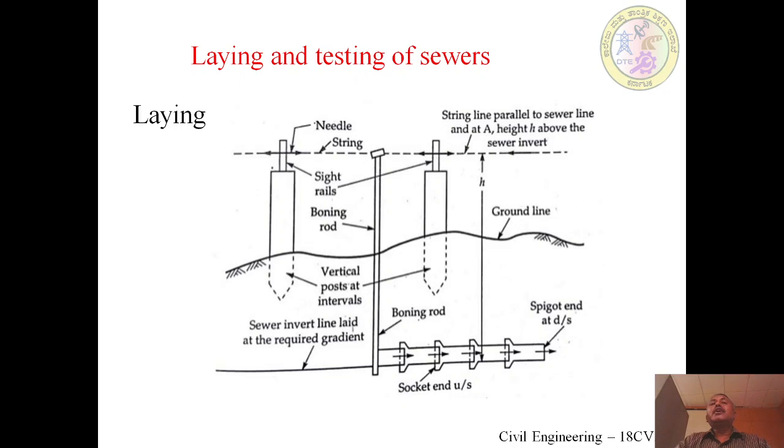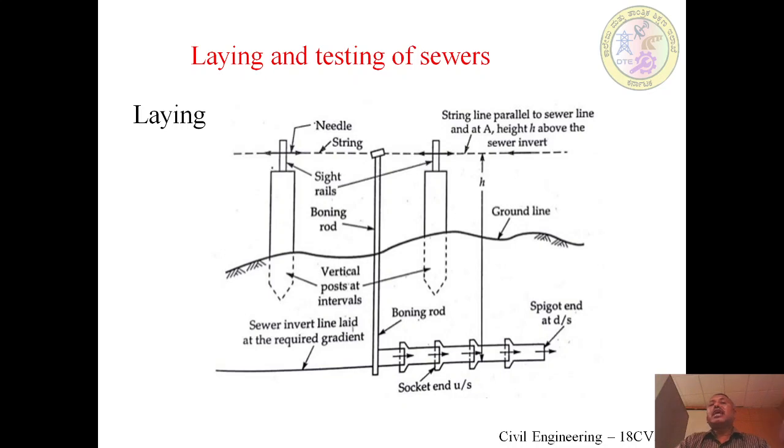And look at the top: two side rails are connected by a string. That string shows a line parallel to the sewer line, and the vertical distance will be transferred from the string to the bottom of the invert with the help of a boning rod. That's why the boning rod is a very important one.